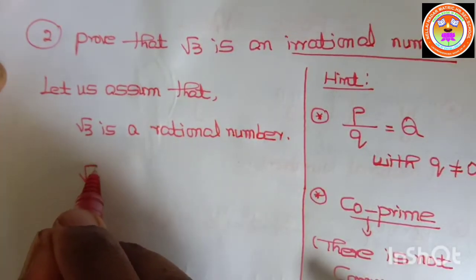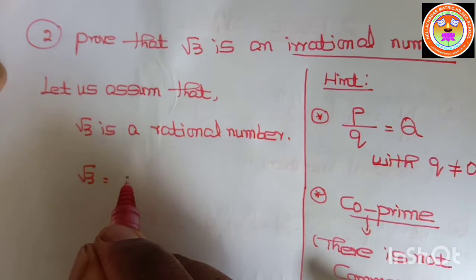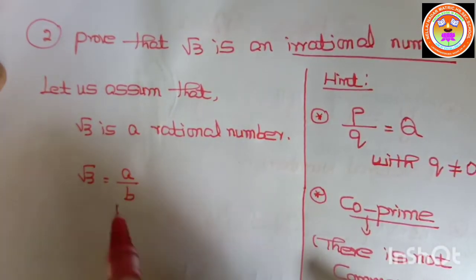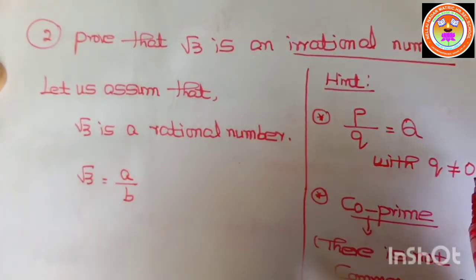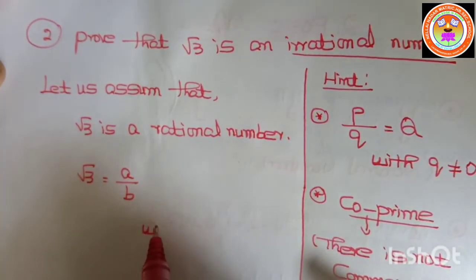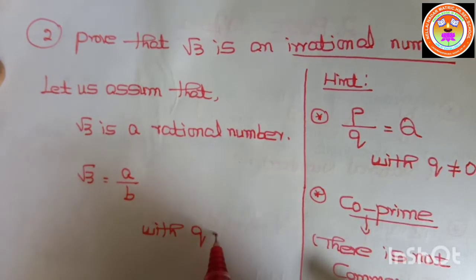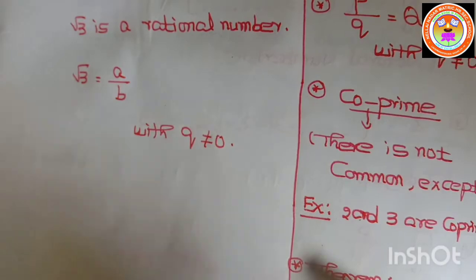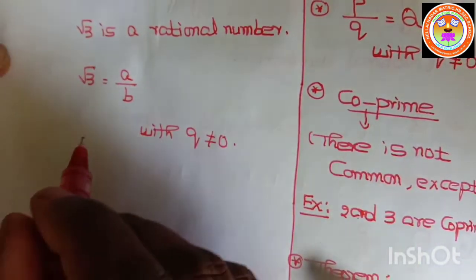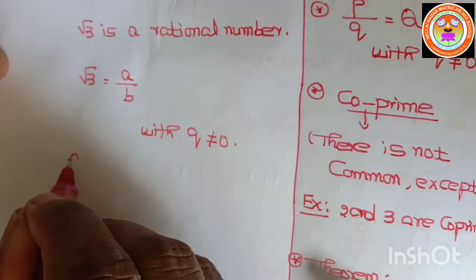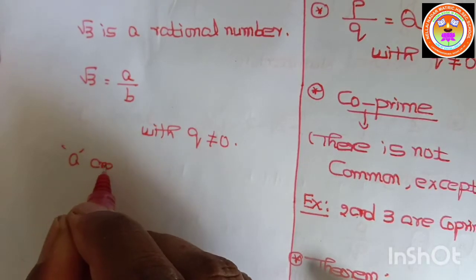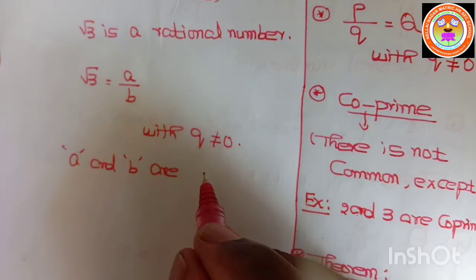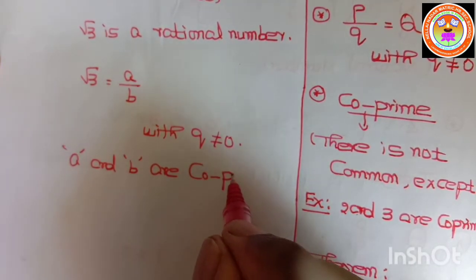A rational number is in the form of p by q or a by b, with b not equal to 0. a and b are co-prime.